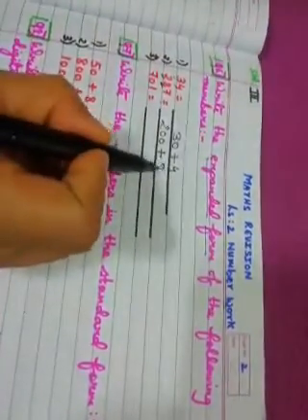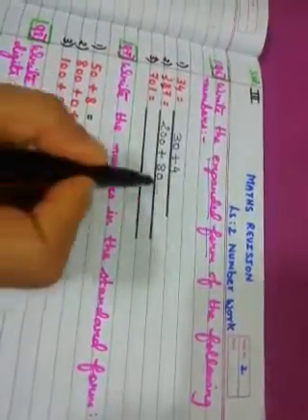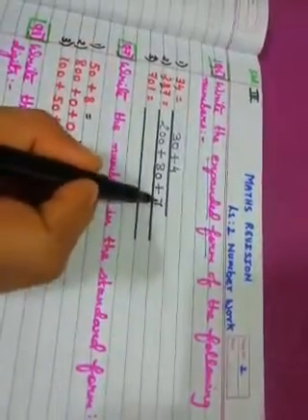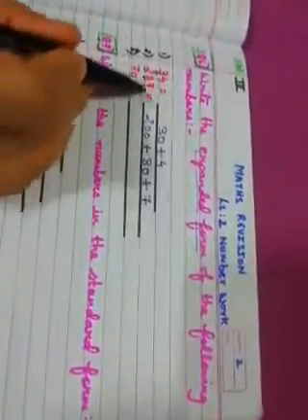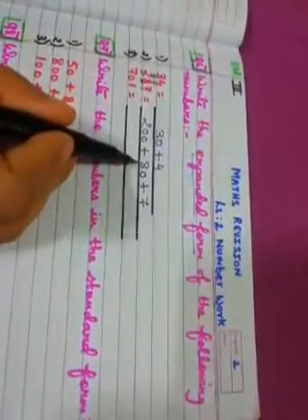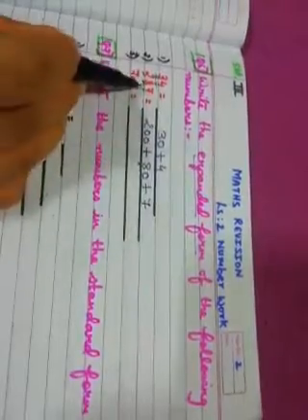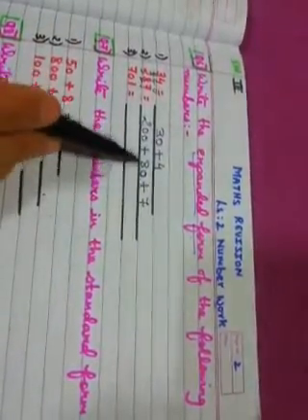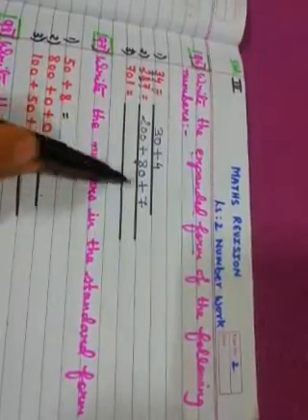So 8 tens means 80 plus 7, which is in units, so only 7. In between, plus sign. This is the expanded form.